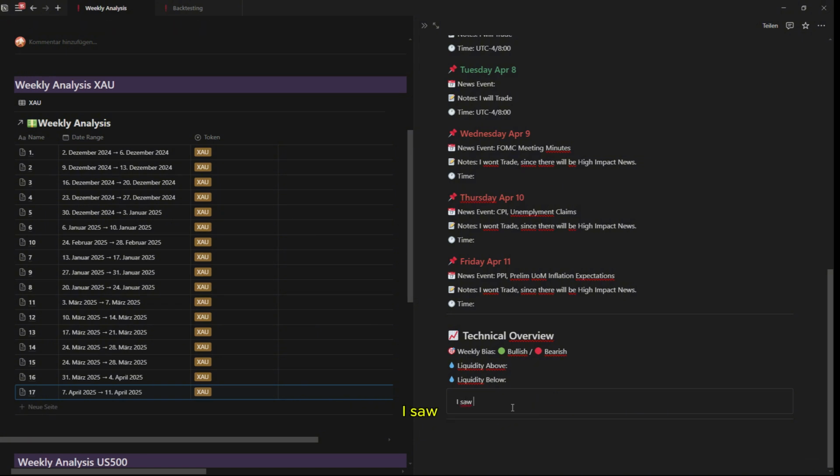I saw a weekly fair value gap below current price levels, but the bias is still bullish. Bullish. Yeah, that's what I saw.